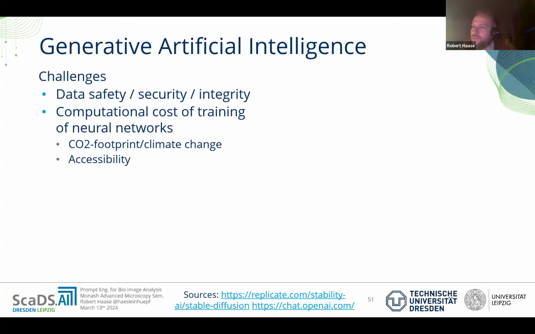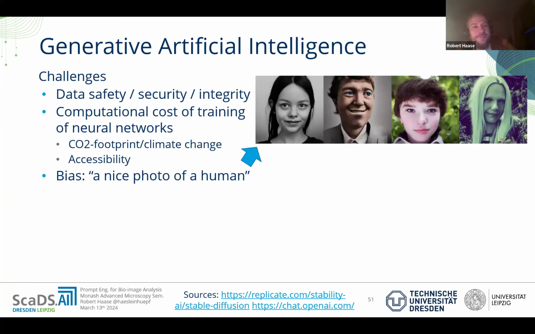Then there's also the issue of computational cost. It looks a bit like we are currently heading to a point where the training of large language models costs as much energy as all the other humanity on Earth. And I'm not sure if you want to go there. So maybe we should spend a little bit more effort figuring out how to do these things in a sustainable way. There's also bias in these models.